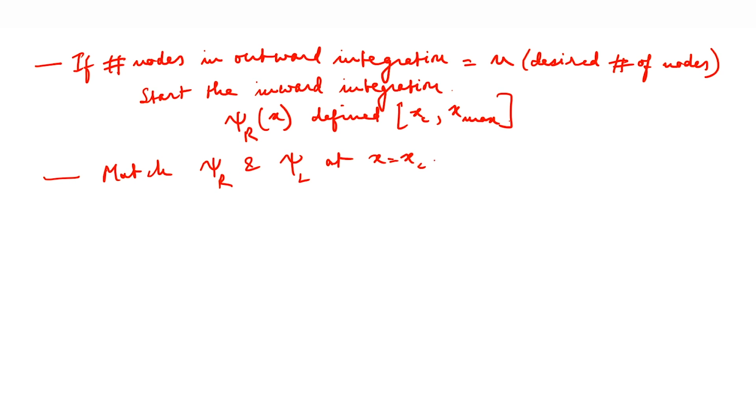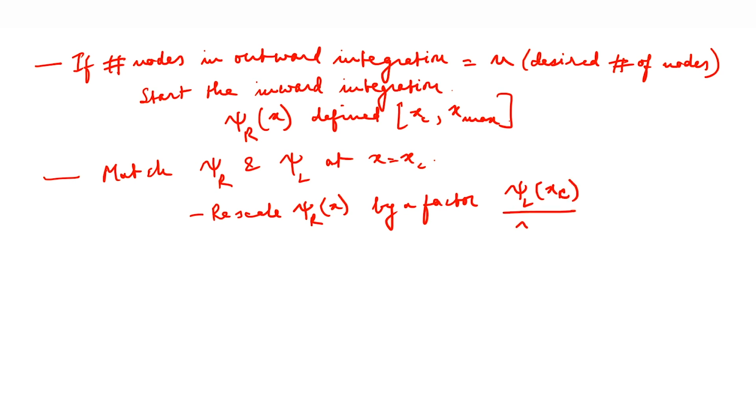So how do I match it? As before, my wave functions should be continuous, and to do that I rescale my psi r by a factor equal to the ratio of psi L and psi r at x c.